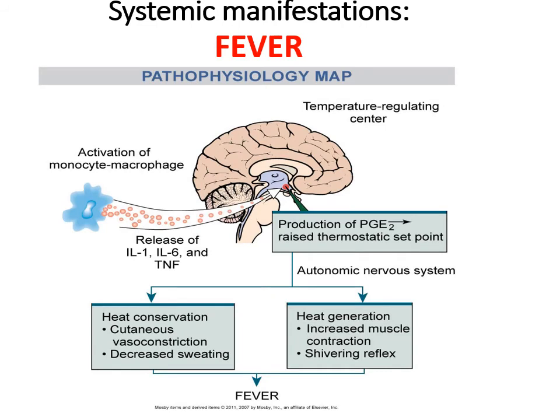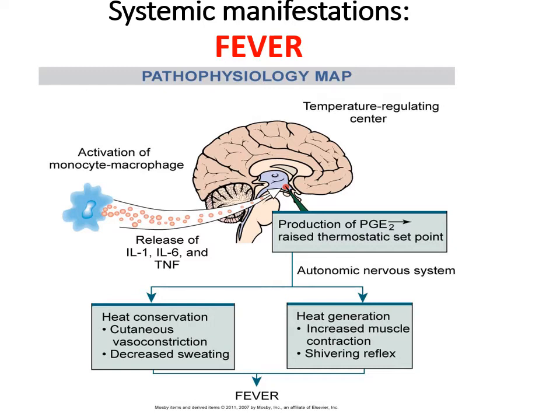Okay, so let's just have a look at this side view of half the brain here in terms of fever. On the left you see that there's interleukins, tumor necrosis factor, prostaglandins not mentioned here, but prostaglandins as well go to the hypothalamus, and there's a resetting of the temperature of the regulating center of the brain, which is the hypothalamus.